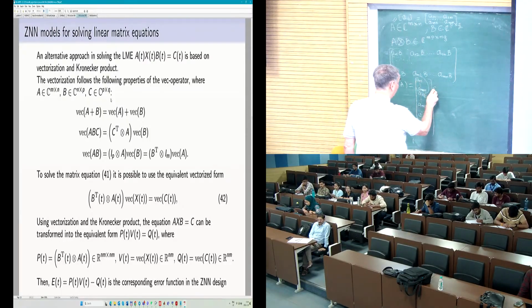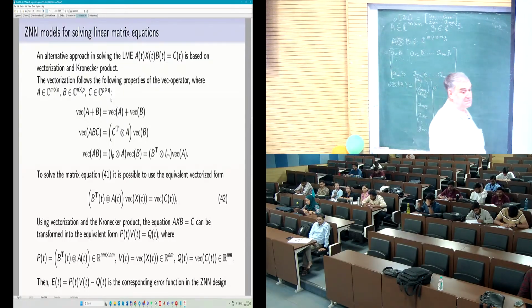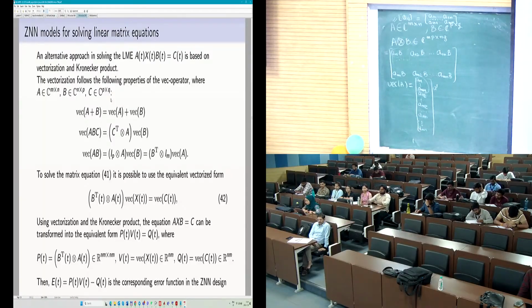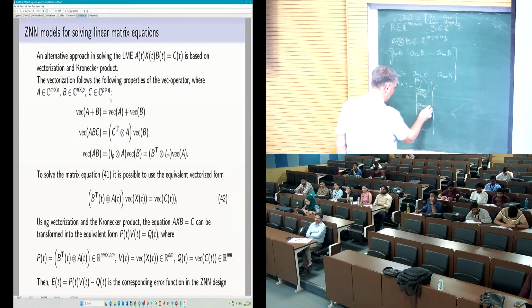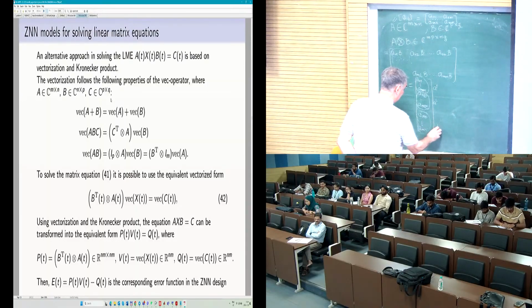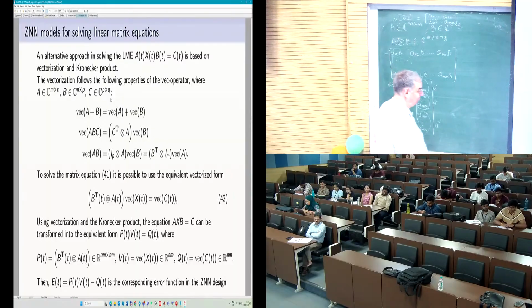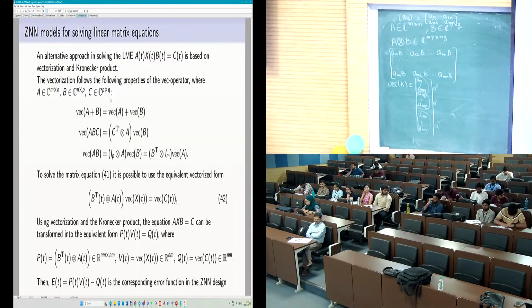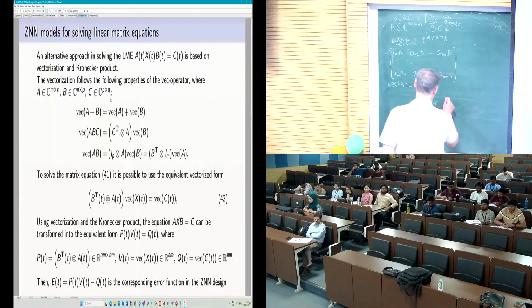It is the first column. We can denote this column by A1. Sometimes the notation for the row is the index, and for the column the index. Then the second column, and the last, nth column. The result is the dimensions of this vector.